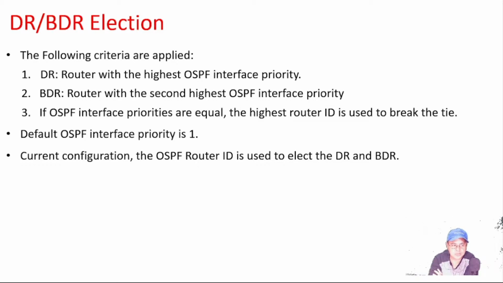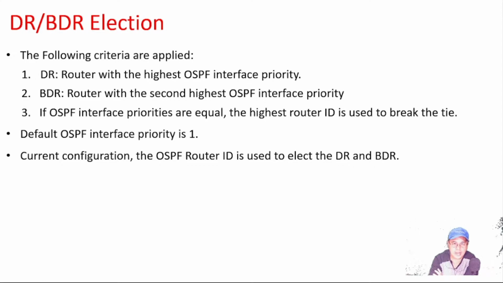Because all Cisco routers have a default interface priority equal to 1. Therefore, if all the routers participating in the routing domain have priority 1, that's the time the router ID will be used as the basis for electing DR and BDR.